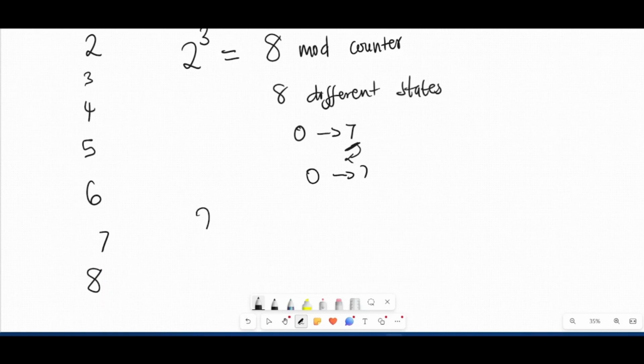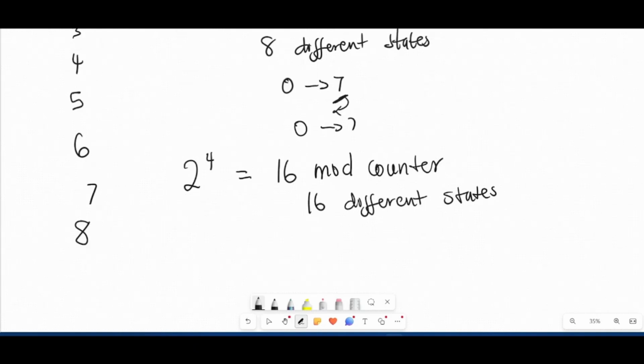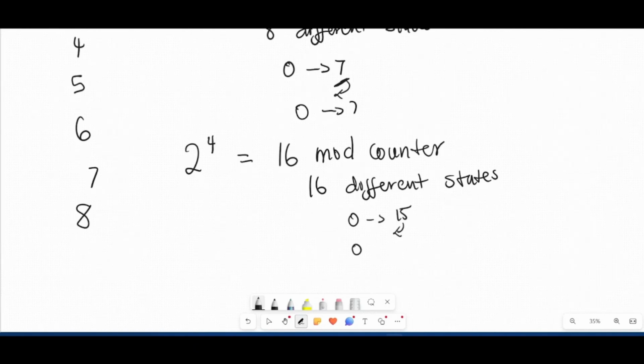Similarly, just to draw the point home, if you have 4 flip-flops, we're going to have 2 raised to power 4. It's going to be a mod 16 counter. It's going to have 16 different states, that is going from 0 to 15. So after 15, the flip-flops are going to reset to 0.